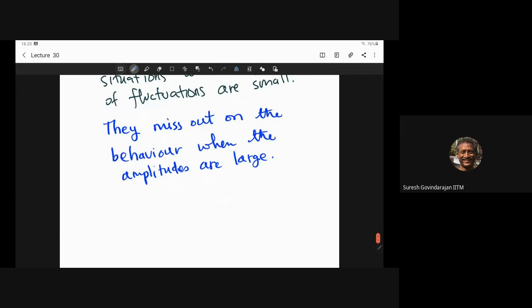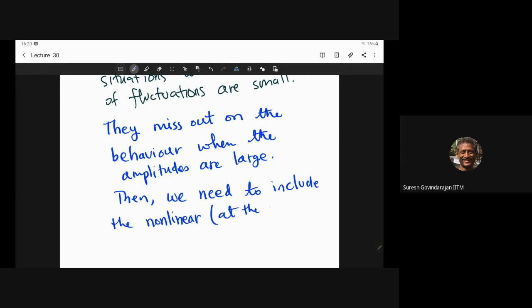Okay, so then we need to include the nonlinear terms at the level of equations of motion, or cubic plus higher order terms.